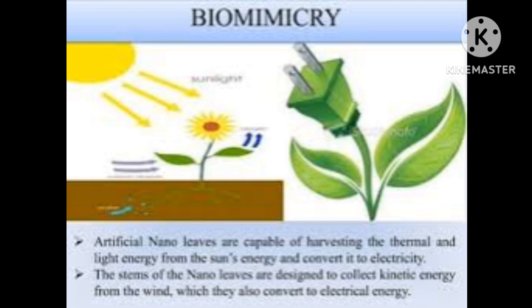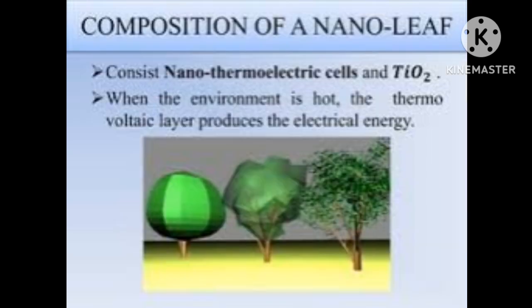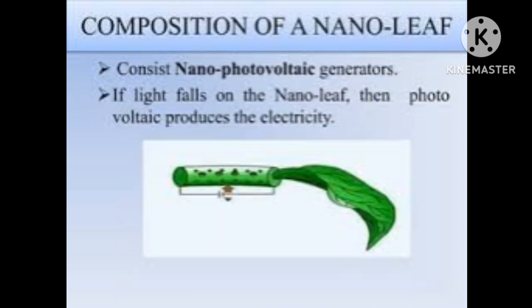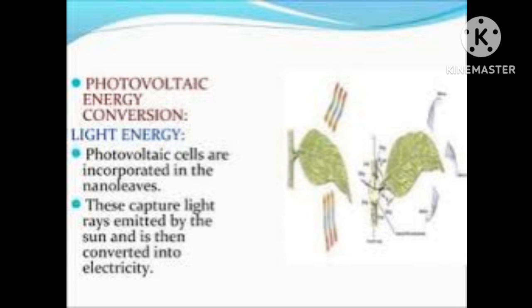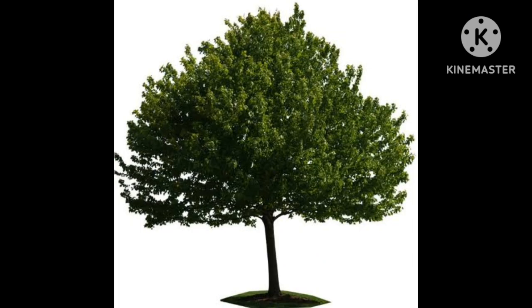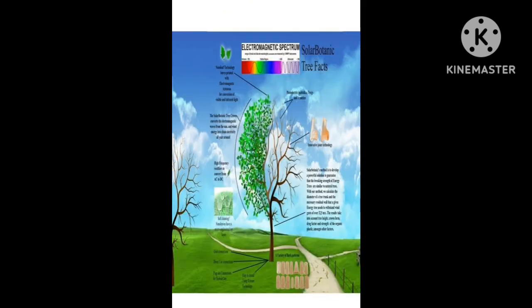After this, the working principle for light and heat energy is the same as what I already told. Only a small part of the sunlight that strikes the leaves is reflected, and the rest of the spectrum, that means the wavelengths, is converted into electrical energy.